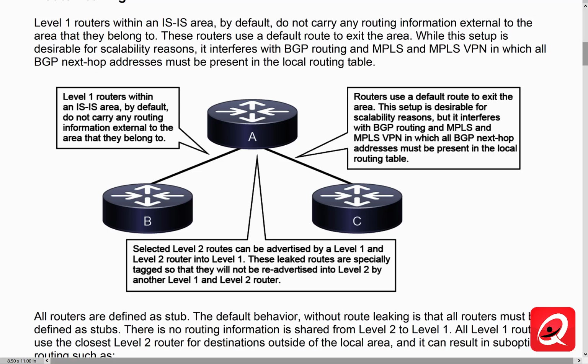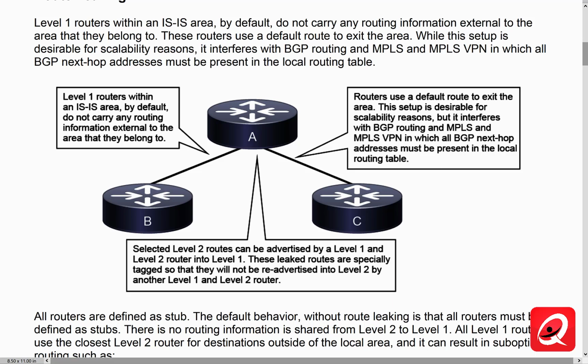Well, actually, technically, we're not learning about the routes from the L2 router, but we know that they're external routes because of the area. The destination address that we're trying to route to, the area information doesn't match my local area. So instead of saying I need to know specifically how to route to that destination, I'm just going to send the packet to my closest L2 router, right?